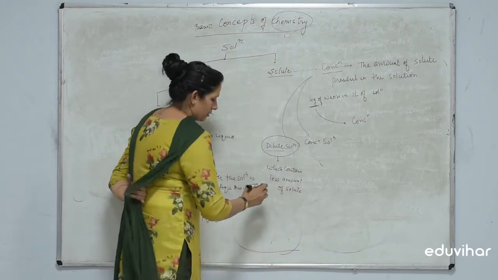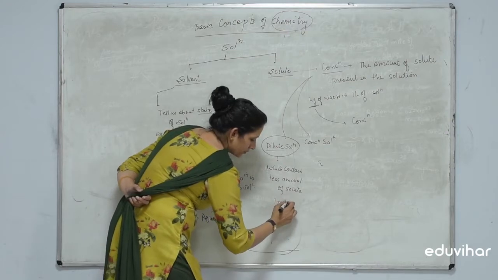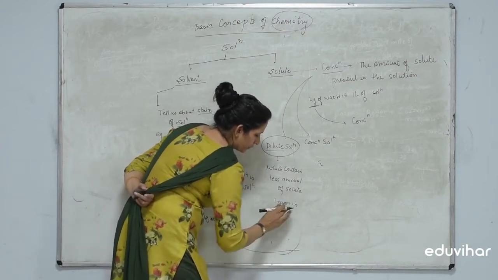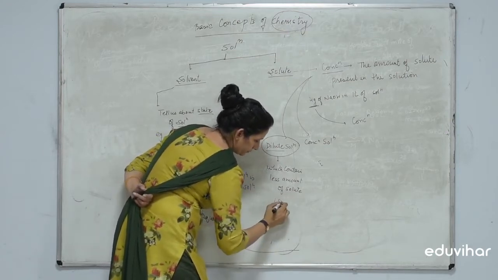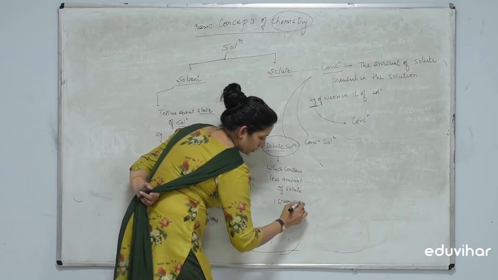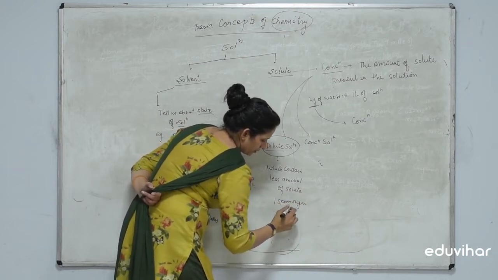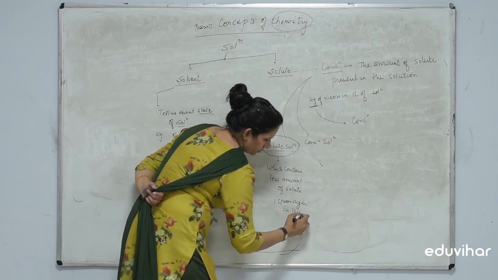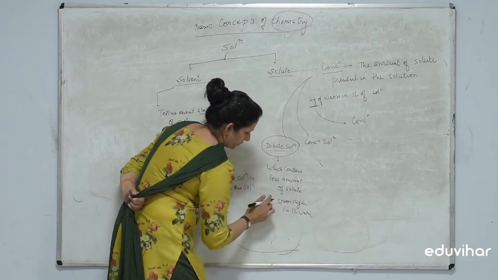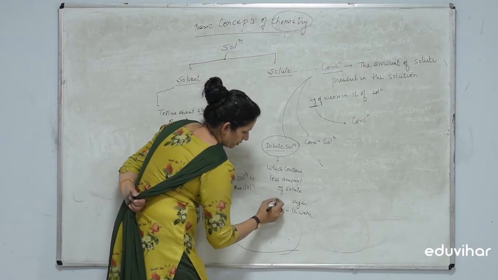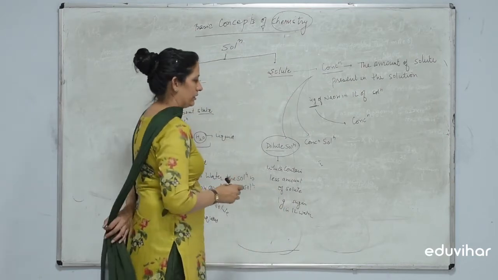For example, 1 spoon of sugar in 1 liter of water. Yeah, we can say 1 gram sugar in 1 liter.